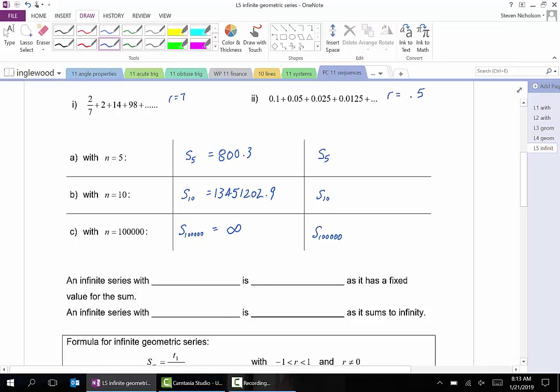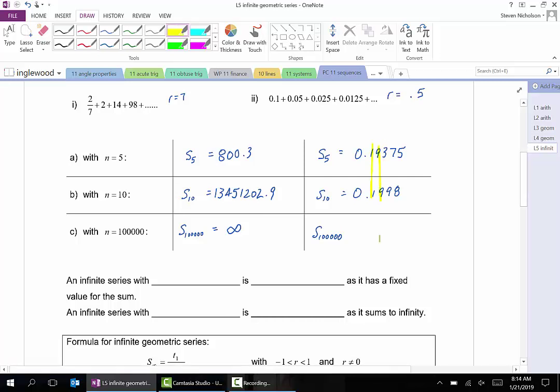When you figure out the first 100,000 terms of that series, the number is huge, and you might have got an overload message on your calculator, but it got really, really big.